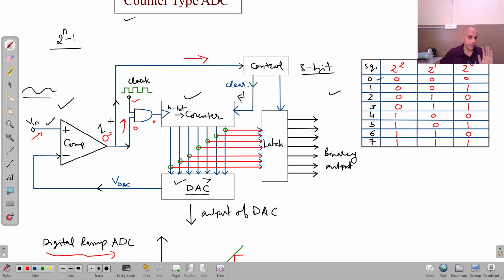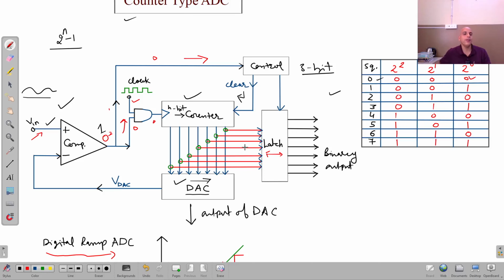At the same time, this 0 is sent to the control circuit, and this control circuit will send a signal to the register, and whatever information was present in the register or latch at that time will be held, latched, locked. And the control circuit will send a signal to the counter to clear it. Clear means it will set the counter back to the 000 position.